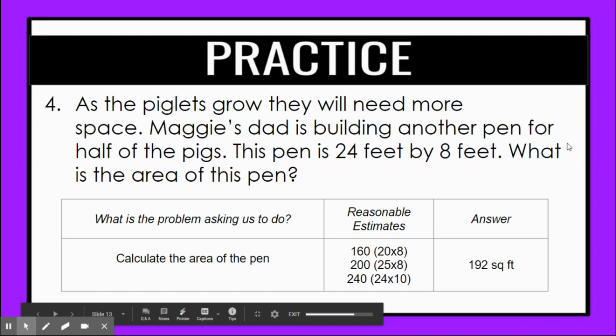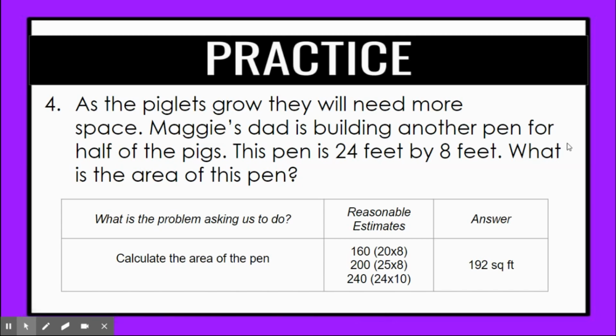You need to just ballpark it off the top of your head. What do you think the answer might be? Not scribble off to the side and figure out what the answer really is. I want you to actually be able to make a guess. In real life, we make guesses all the time. We don't always just stop and figure out the answer.